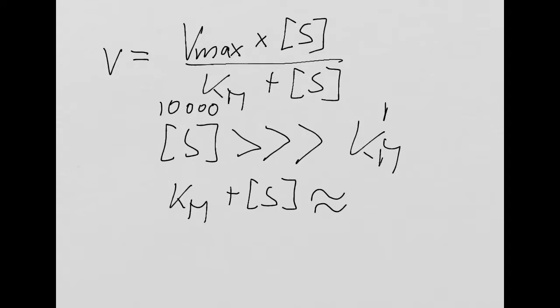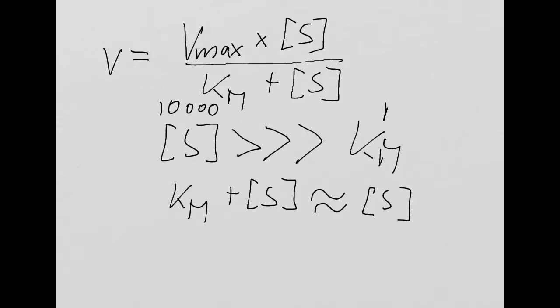What is Km plus S? It's pretty close to S, isn't it? Because that would be 1 plus 10,000, that would be 10,001. So the 1 is for your birthday. Just ignore that. So it's pretty close to S.